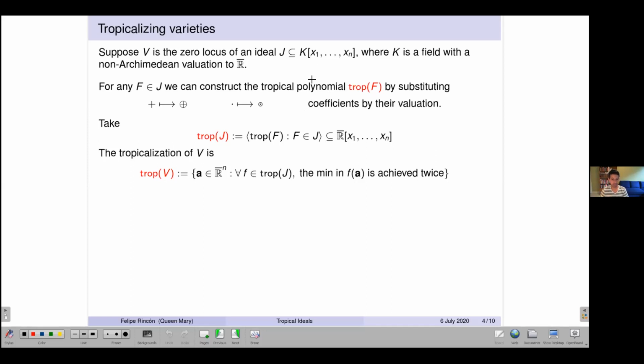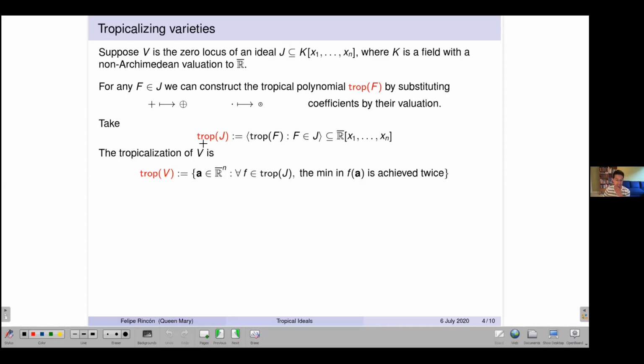And in that way, you end up with a tropical polynomial that has coefficients in the tropical numbers, and now the operations are tropical operations. So that's how you tropicalize one polynomial. But you can tropicalize the whole ideal J of polynomials that defines your variety.